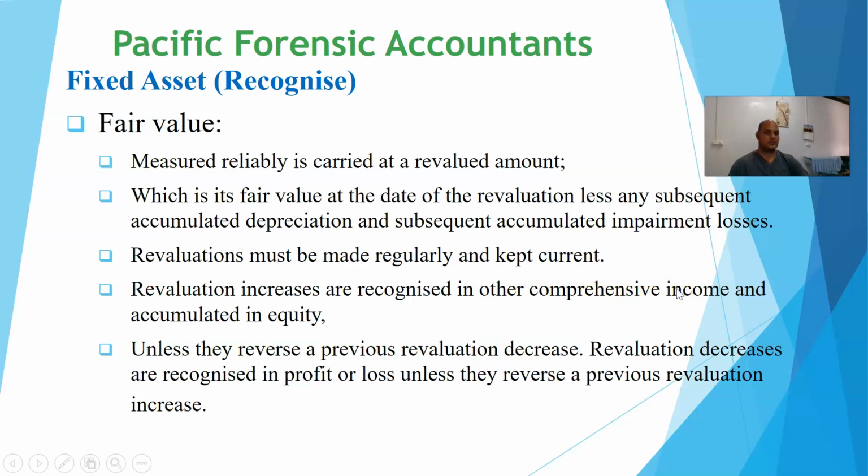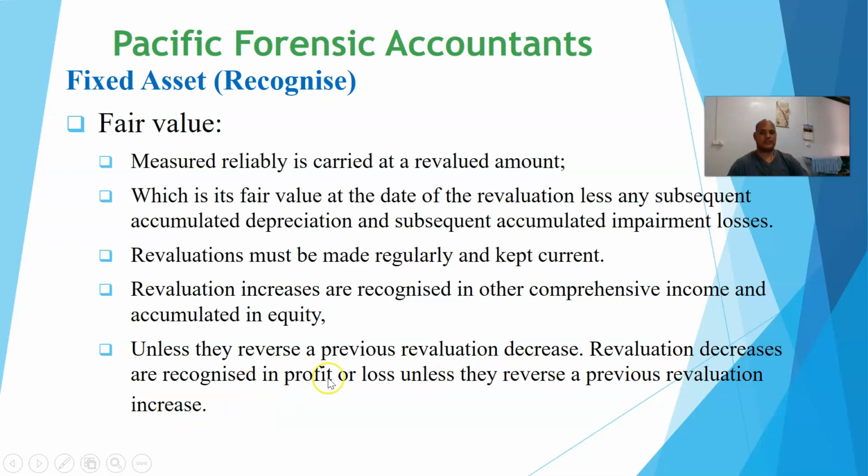It does not affect the asset; it affects this one as well as accumulated equity. However, it can be reversed if the previous revaluation was decreased in amount. In this case, we have to recognize this in profit and loss, unless the previous revaluation had an increase.